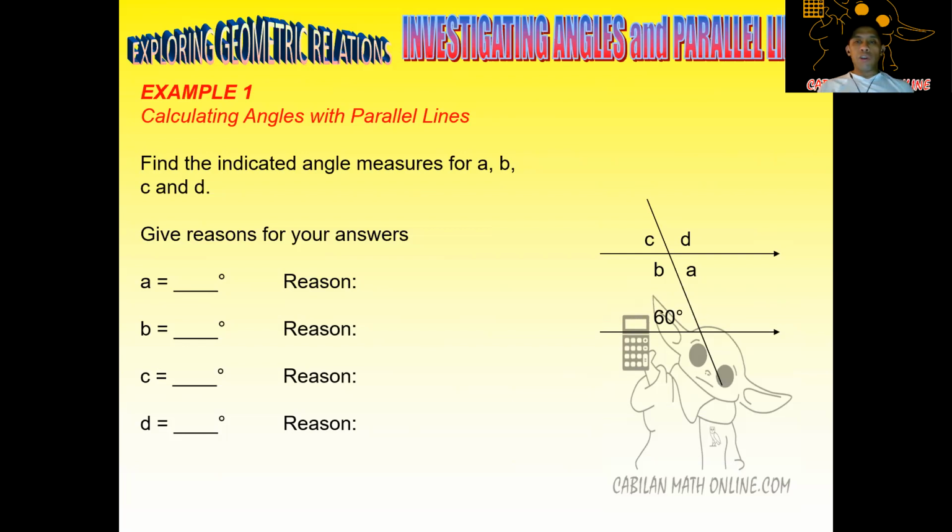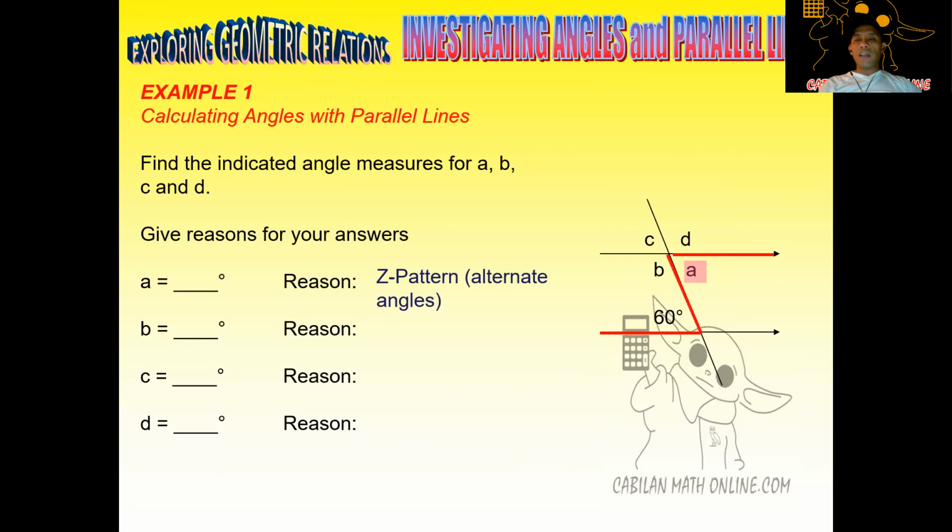All right. So let's first take a look at A over here, and you notice angle A is located right there. Now, if you had to choose between the four patterns, Z, F, X, and C, and you're looking at just the A and the 60 degrees here, you should see that in order to determine the measure there, you can actually solve using the Z pattern or alternate angles.